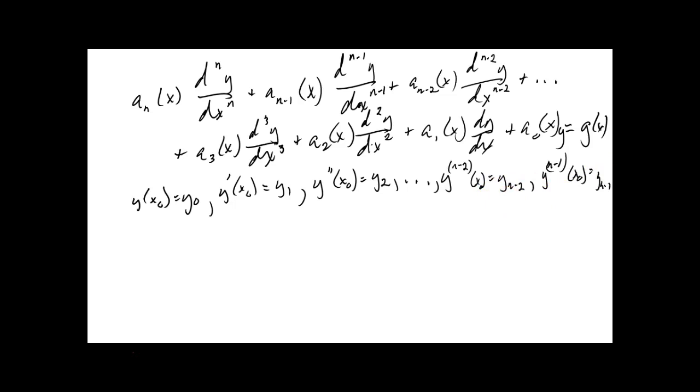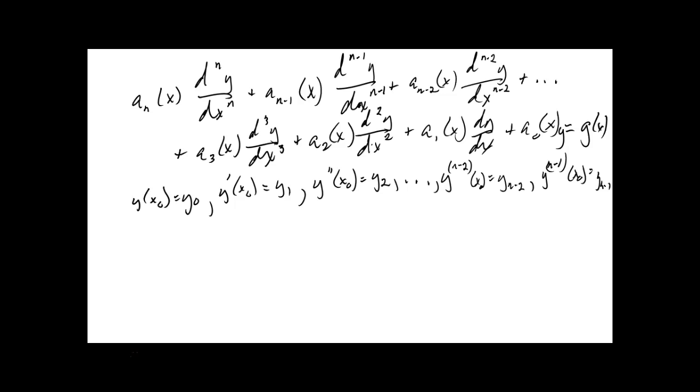You don't do the nth. And by the way, this is the nth derivative here, and that means you have n derivatives, but you also have the function to the 0th derivative. In other words, that's a function.